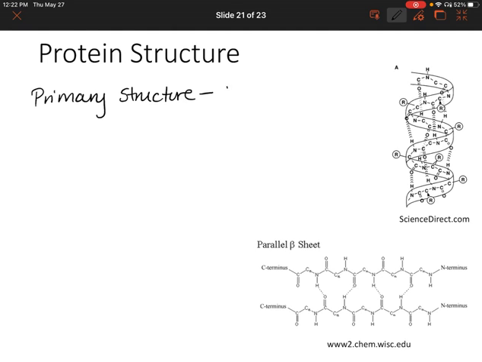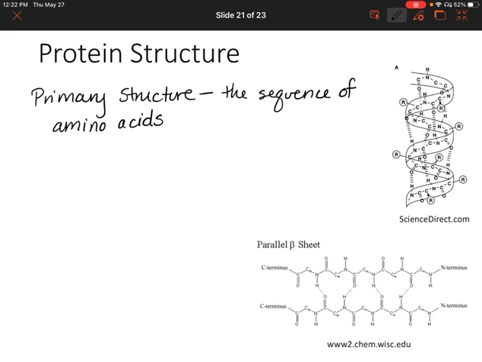This would refer to the sequence of amino acids that make up the protein. So we're not even really thinking about how the chain of amino acids is shaped or structured. We're just thinking about the basic sequence of amino acids.